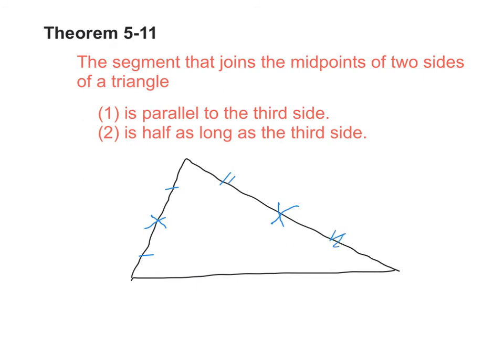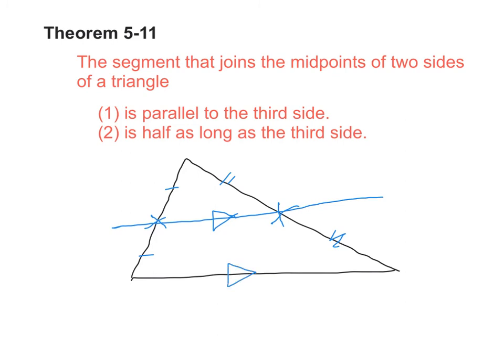All right, so let's draw in our line that connects those two sides through the x's. All right, so there is your line. And what this is saying is that this blue line is parallel to this black line.